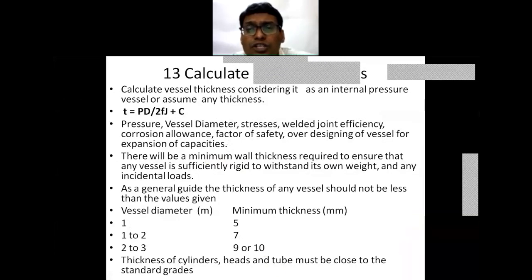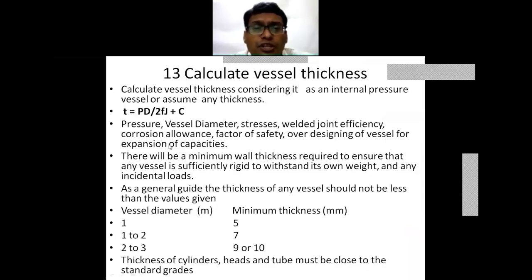Now for the calculation of the vessel thickness, you require the pressure, the diameter of the vessel, the stress of the material, J the joint efficiency, and the corrosion allowance, C. Generally a 5 millimeter thickness is to be used, even if the vessel diameter is up to 1 meter.